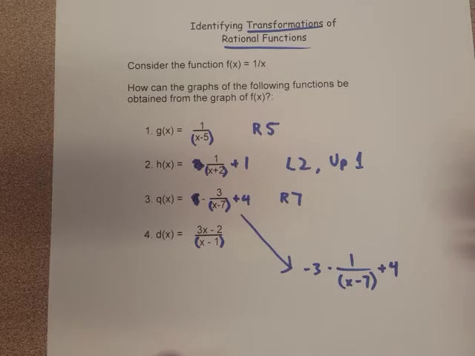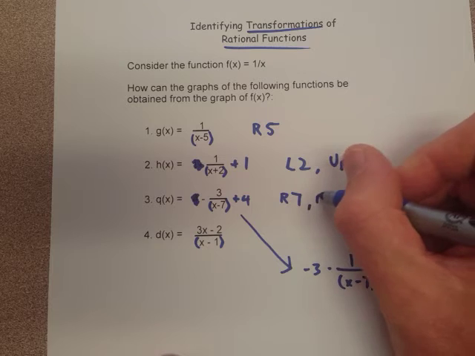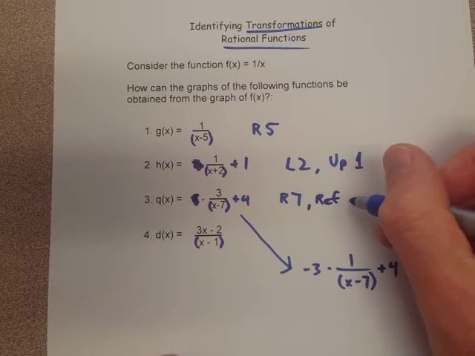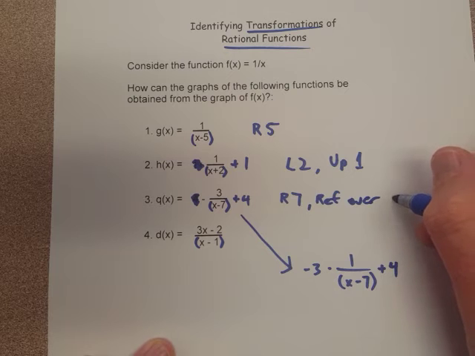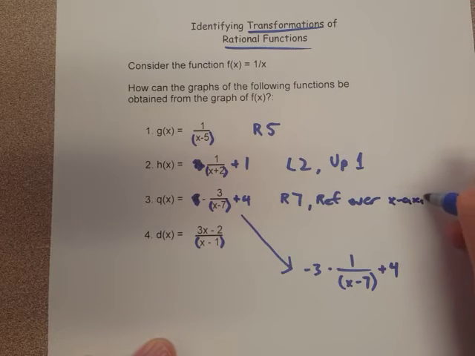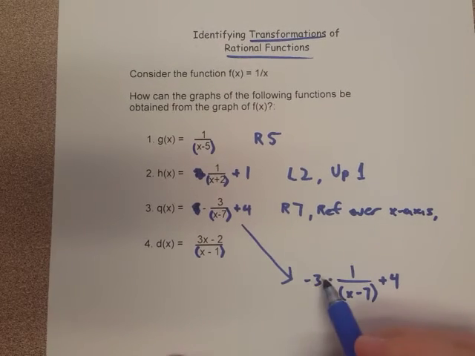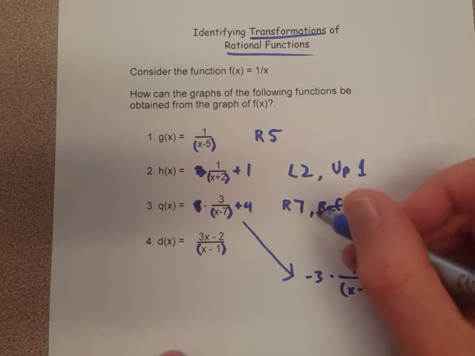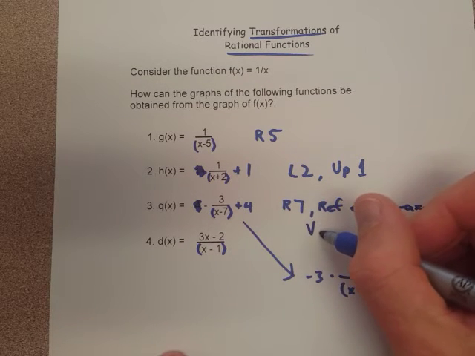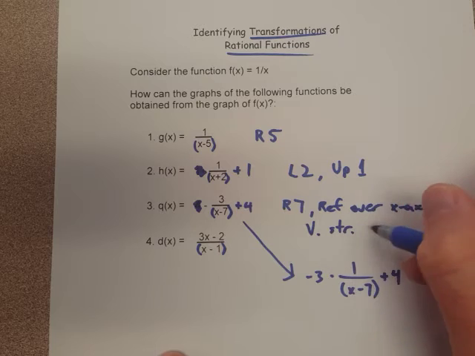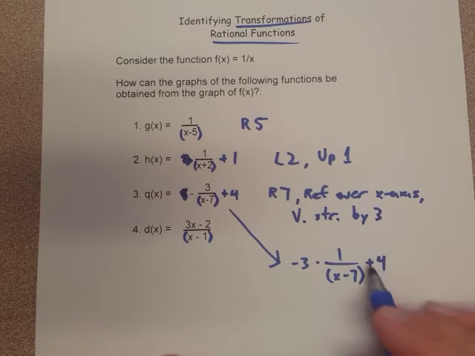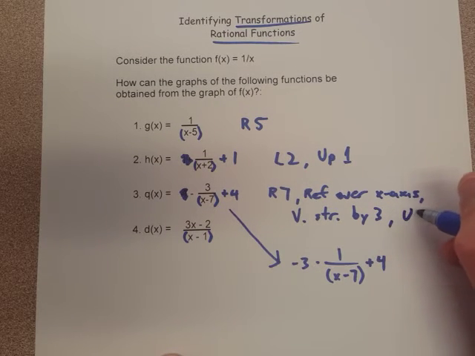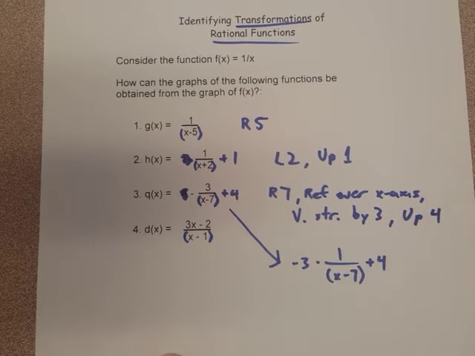In either order, you can say that it is a reflection over the x-axis, and then also that it has a vertical stretch by a factor of 3. Finally, once you get those things taken care of, you can do the plus 4. That means that it is going up by 4.